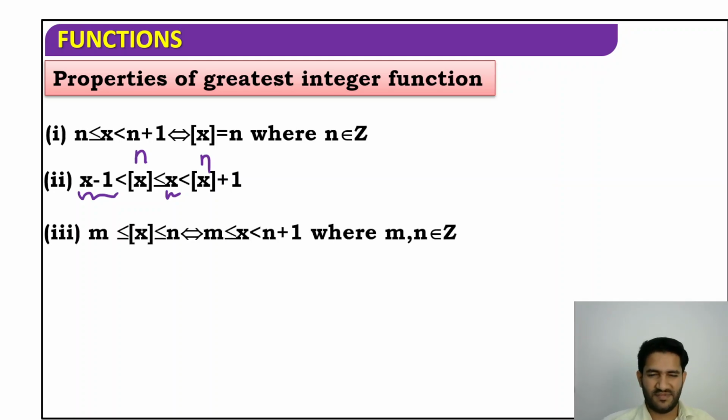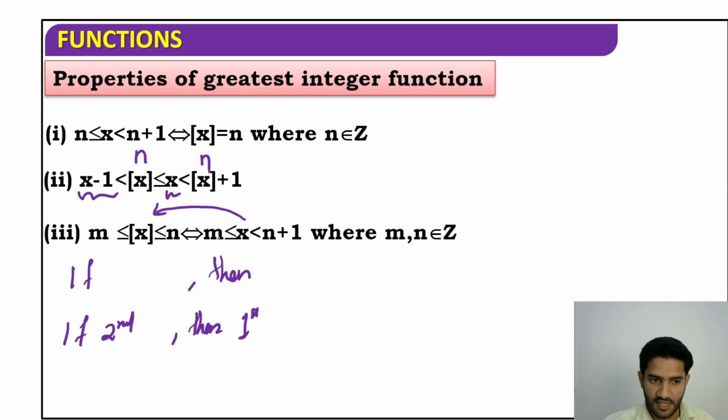Next, these are some properties or results related to the greatest integer function. The third: m is less than or equal to the greatest integer function of x, which is less than n, if and only if m is less than or equal to x, less than or equal to n plus 1.